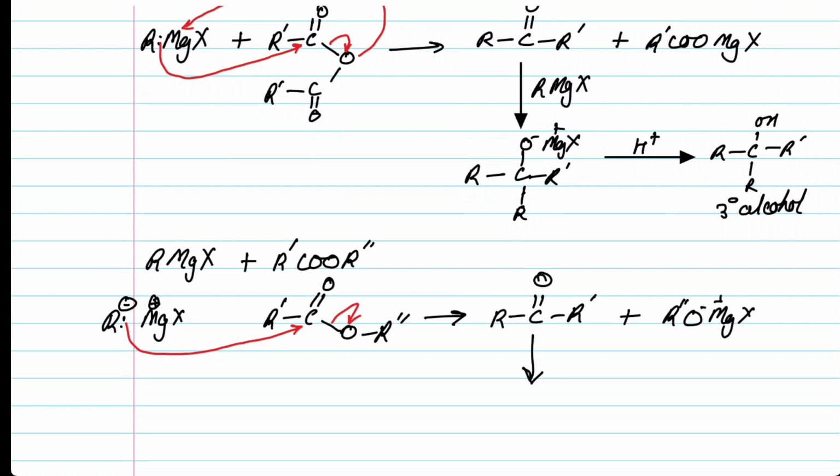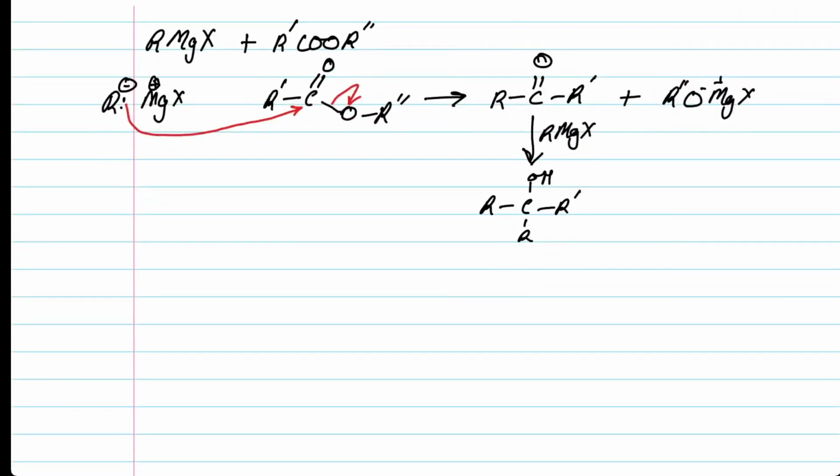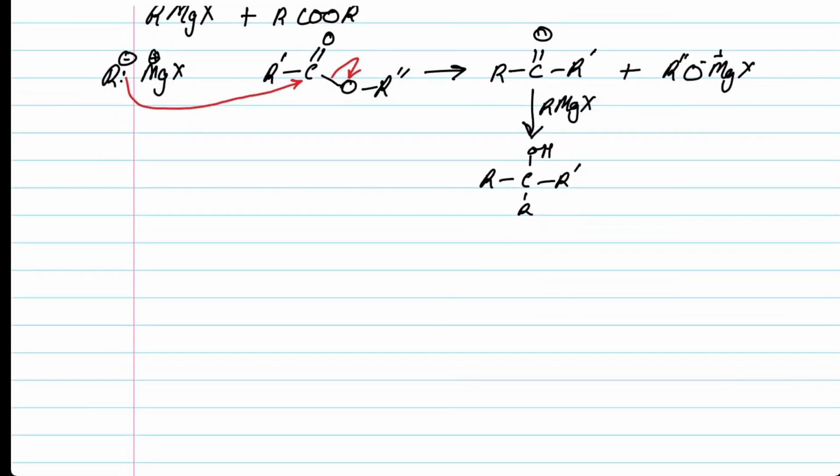This ketone further can react with RMgX to give a 3-degree alcohol when we acidify it. So we are going to get COH R R dash. So we are going to get a 3-degree alcohol when the Grignard reagent reacts with an ester. Same is going to be the reaction with acid chloride as well. Again, we are going to get a 3-degree alcohol. So we are going to get RMgX reacting with R dash COCl.